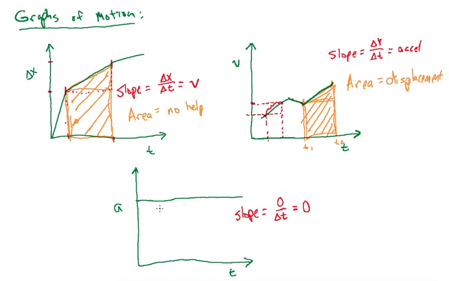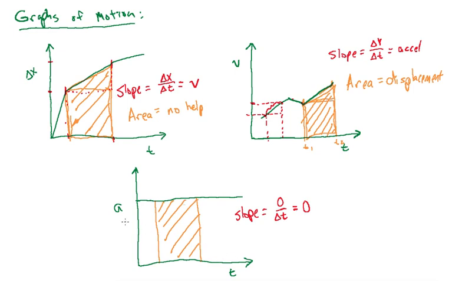Similarly, you can come to this acceleration graph, and you can do an area underneath it. This is pretty simple because we're only going to do these straight line accelerations. You do the area underneath it, and you have an acceleration times a time.